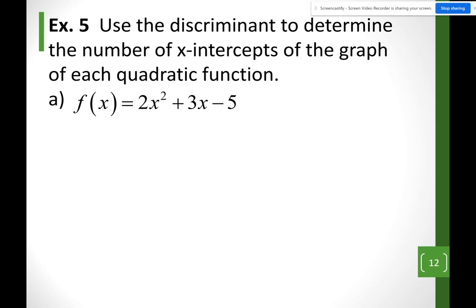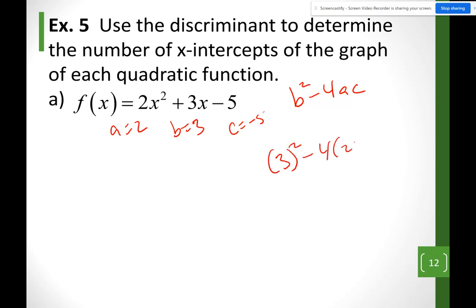Let's take a look at this one. Use the discriminant to determine the number of x-intercepts of the graph for each quadratic function. Remember, my discriminant is b squared minus 4ac. I know my a is 2, my b is 3, and my c is negative 5. So I'm looking at 3 squared minus 4 times 2 times the negative 5. I know 3 squared is 9.